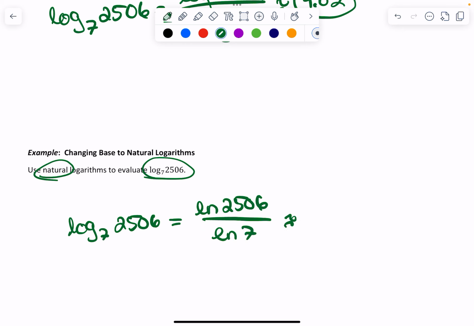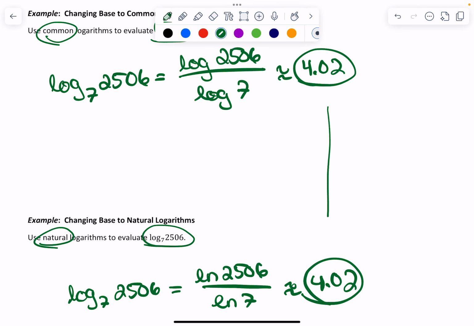When we plug it in the calculator and use the natural logs, we get the exact same answer as we did with the common log. So we'll look at when to use which one, but basically you just need to know that they both give the exact same answer, regardless of whether we're using common logs or natural logs.